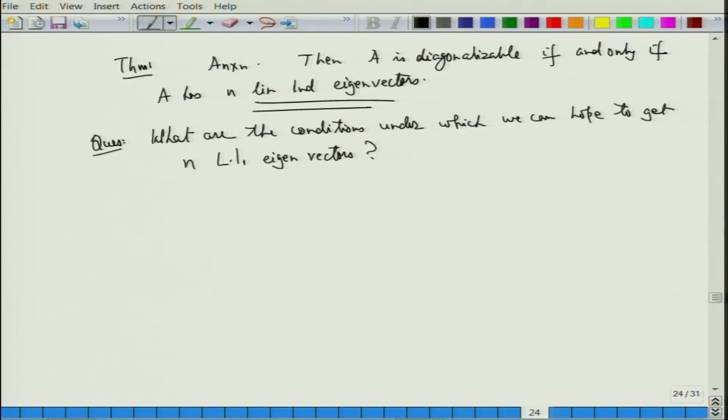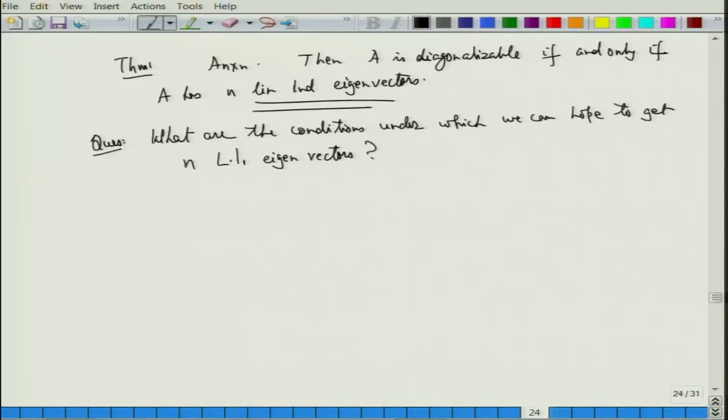What we want to say is that we have till now looked at examples where diagonalizability has failed because of the eigenvalue being the same in some sense. So, if I pick up eigenvalues which are distinct and look at the corresponding eigenvectors, can I say that they are linearly independent?